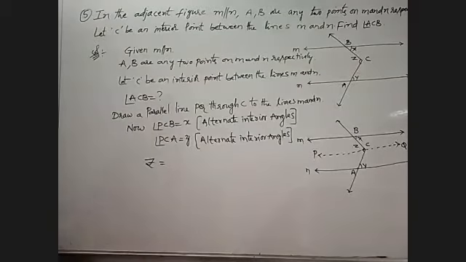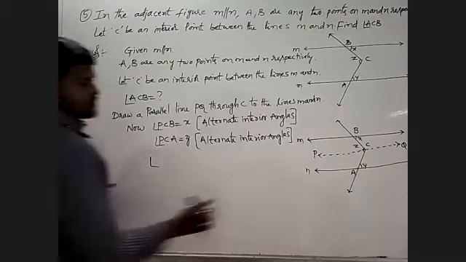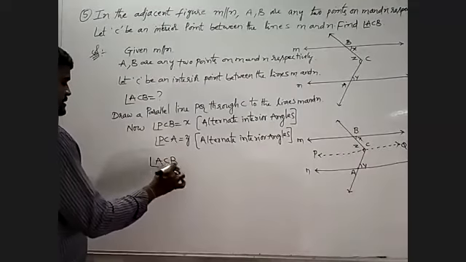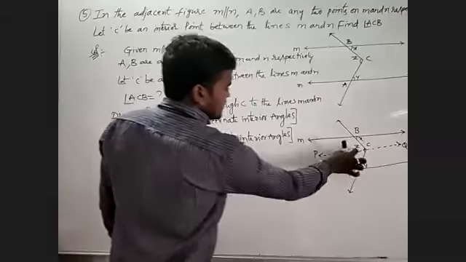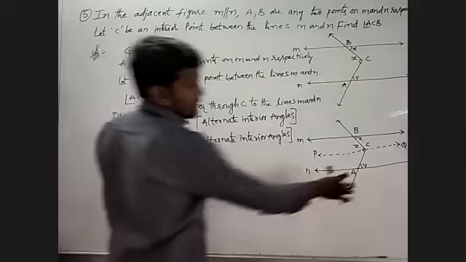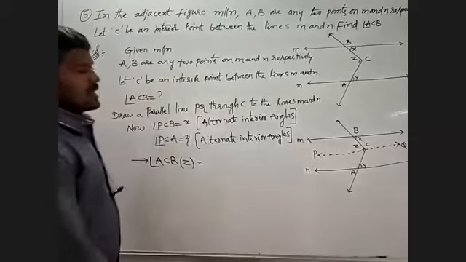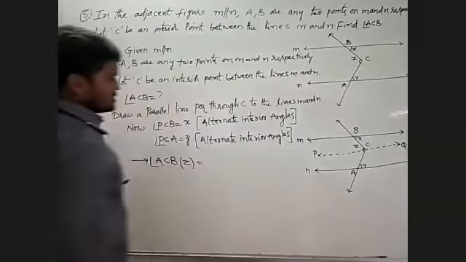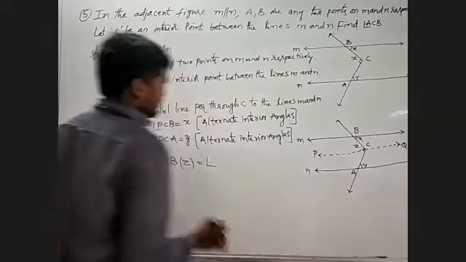So angle ACB is nothing but Z, which can be written as PCB plus PCA.